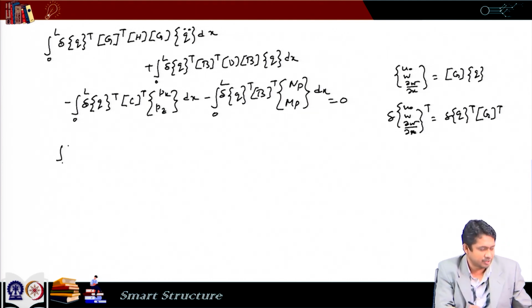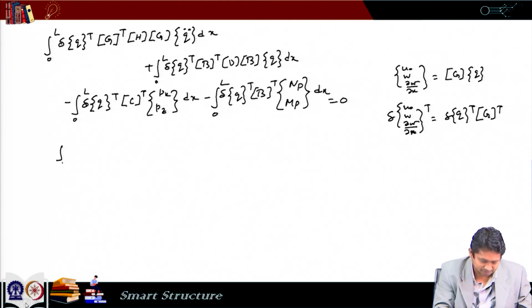We can directly write the equation in the matrix form, and the equation looks like this.